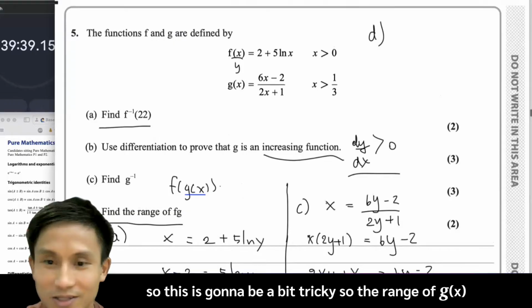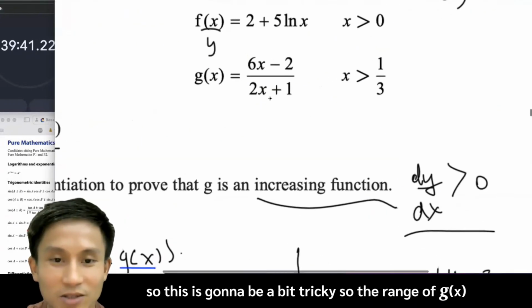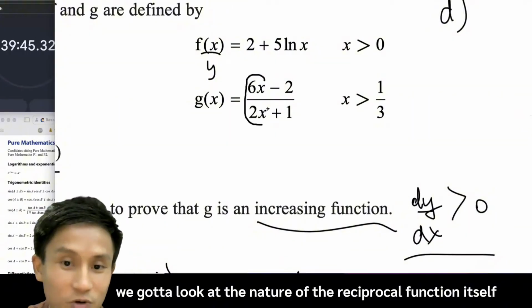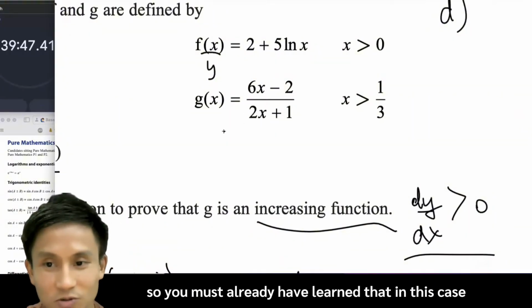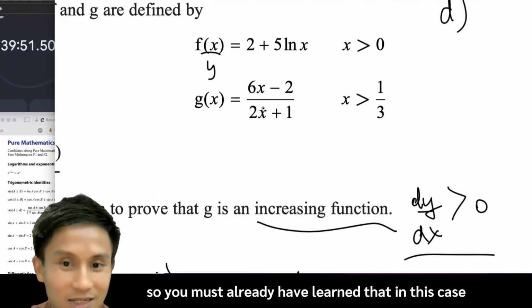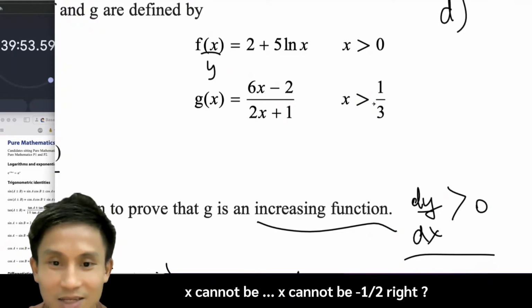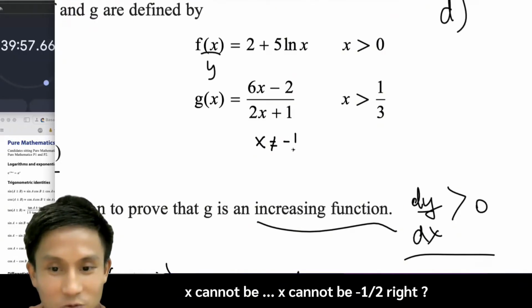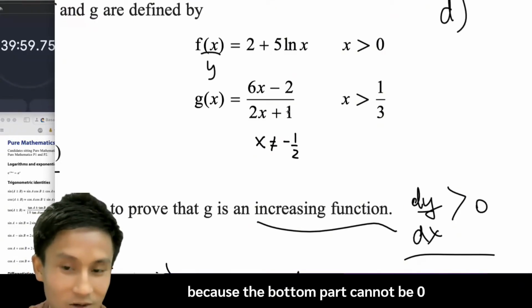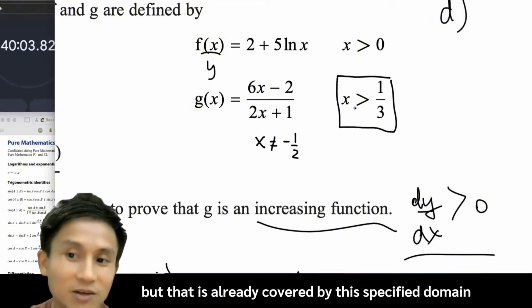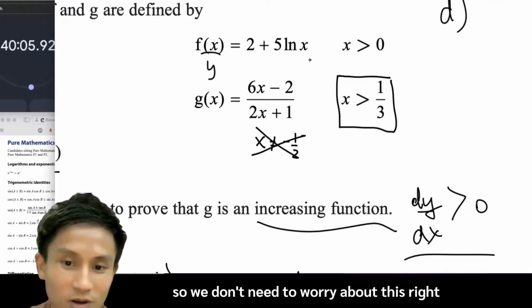This is going to be a bit tricky. For the range of g(x), we've got to look at the nature of the reciprocal function itself. You must already have learned that in this case, x cannot be -1/2, because the bottom part cannot be 0, but that is already covered by this specified domain, so we don't need to worry about this.